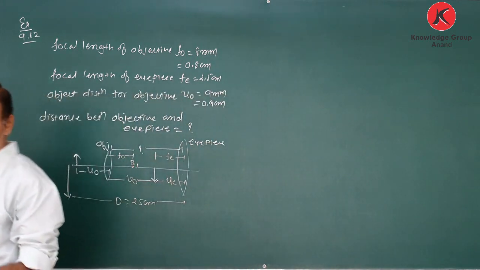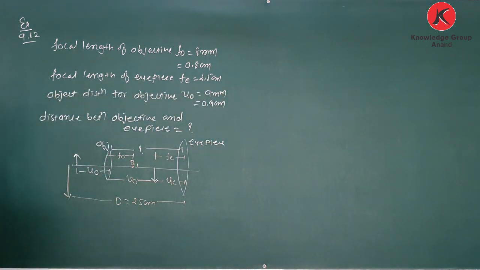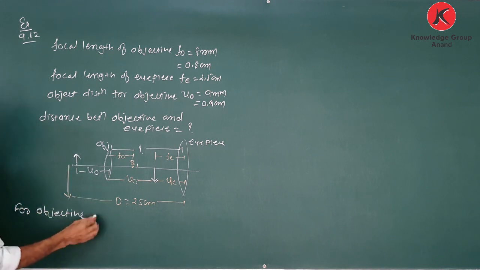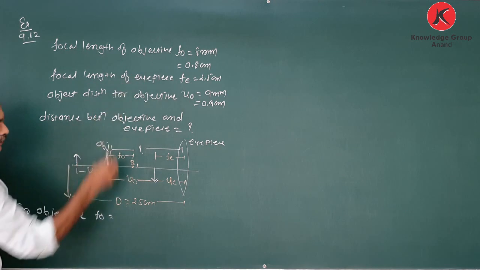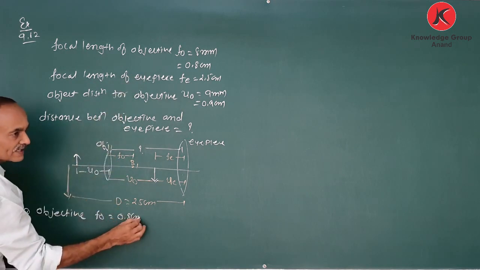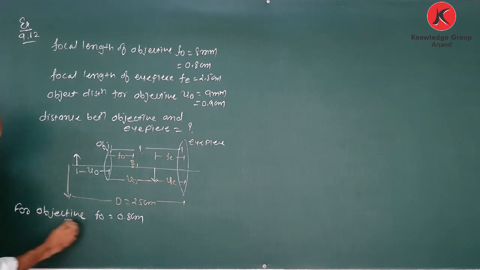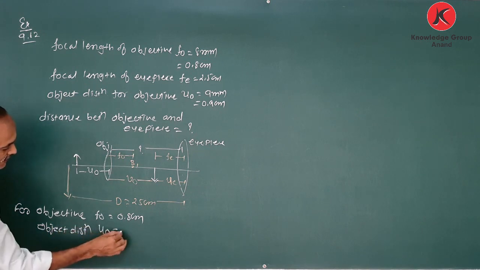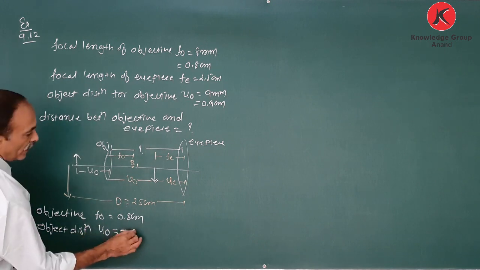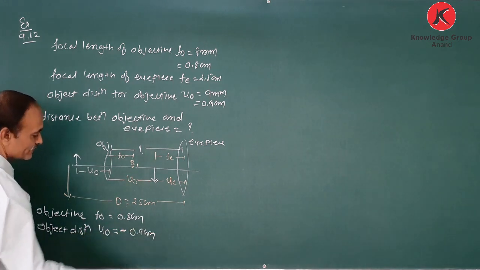Now, we first calculate for objective. For objective, F0 is equal to 0.8 centimeter, and U0, that means the object distance, is equal to minus 0.9 centimeter.